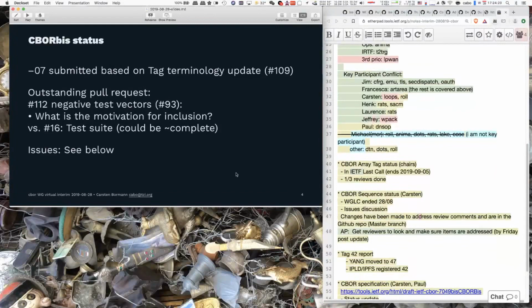It's not quite clear why things are in there or not in there. And I really would feel much more comfortable if we had a good place where we can put a test suite, and then we could make this much more complete than we would make it in a document.